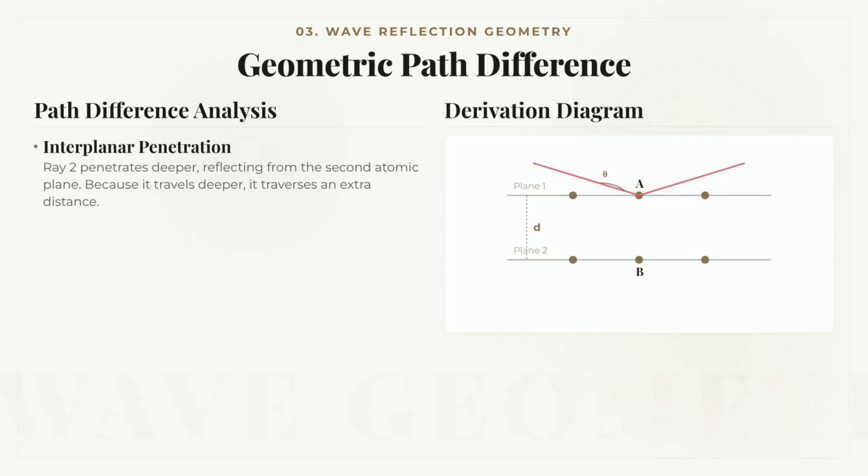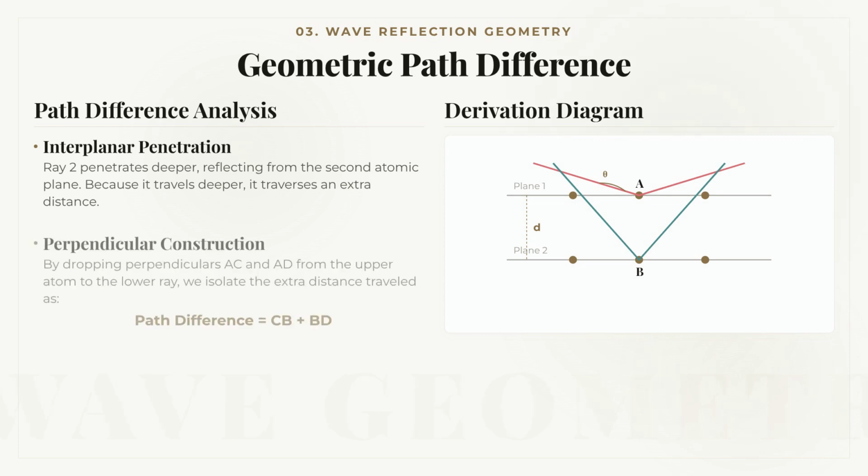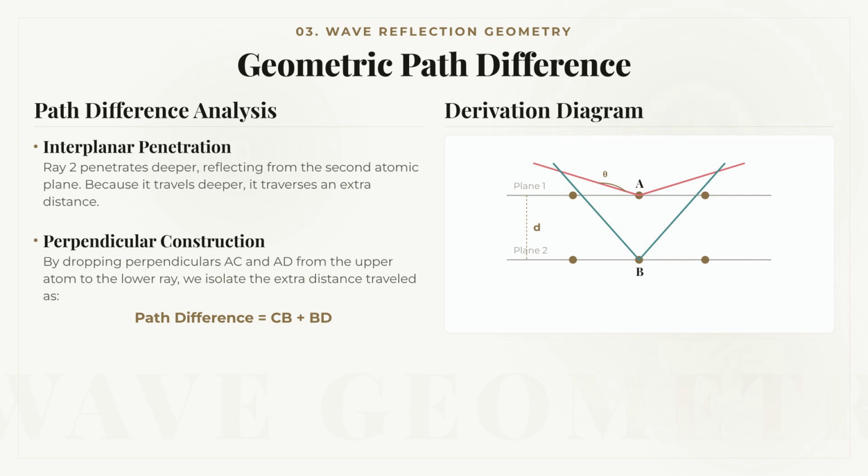Imagine a set of parallel atomic planes inside a crystal. The distance between two adjacent planes is represented by d. Now consider a monochromatic beam of X-rays having wavelength lambda falling on these planes at an angle theta. Part of the beam is reflected from the upper plane. Another part penetrates deeper and is reflected from the plane immediately below.